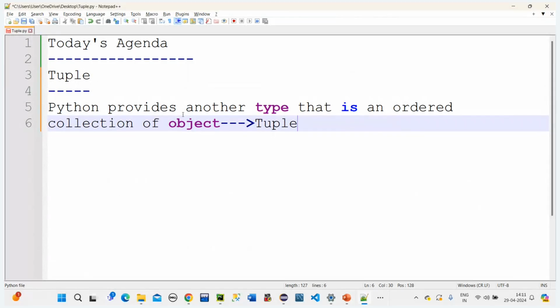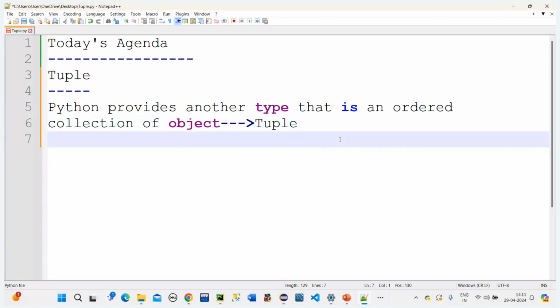This is the first point. Python provides another type that is also an ordered collection. It is called a tuple. Now let's see how this tuple is created.